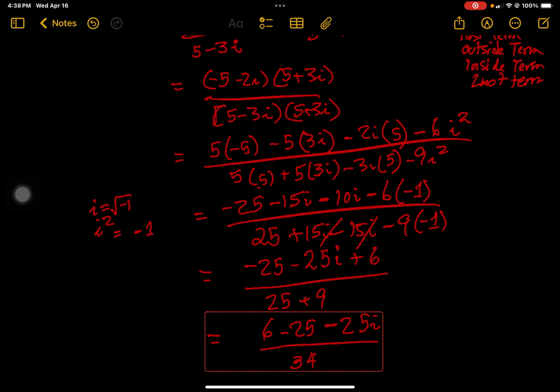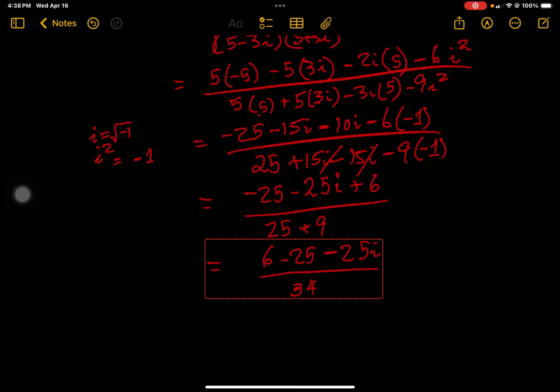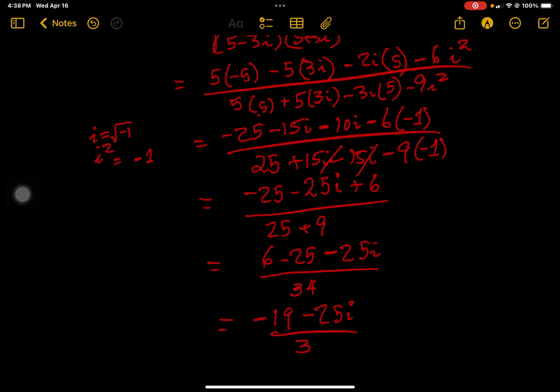Now 6 minus 25: 25 is greater than 6, so we subtract 6 from 25 but keep the negative sign of the larger number, which is 25. Now 25 minus 6 is 19, but since the larger number has a negative sign, this will also have a negative sign. So minus 19 minus 25i divided by 34 is the final answer.